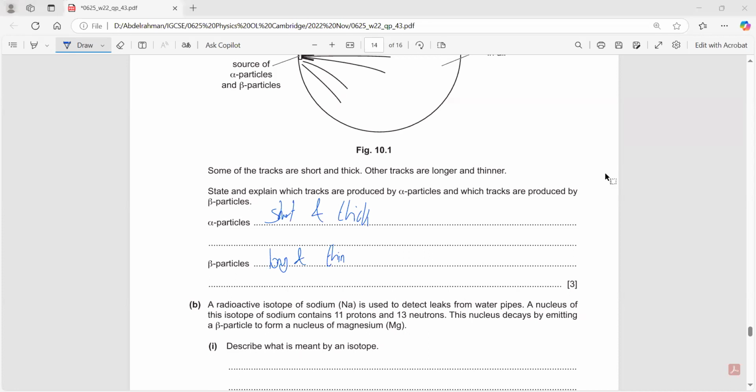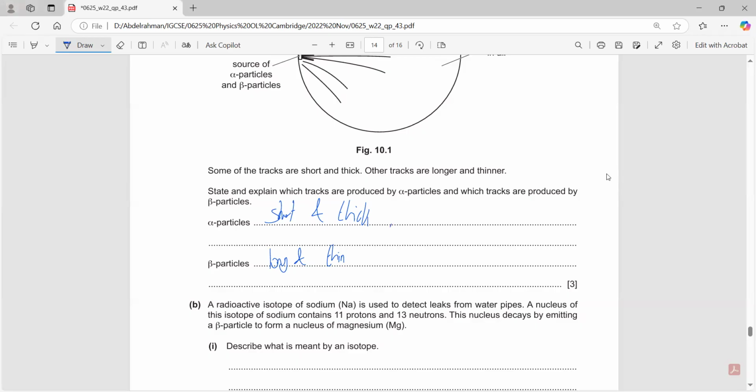If we talk about the alpha particles, what is the distance traveled by alpha particles in air? We know that the distance of alpha particles is very short. The ionization of alpha is very high compared to the beta. The penetration of the alpha is very low compared to the beta. Okay, let's write them down.